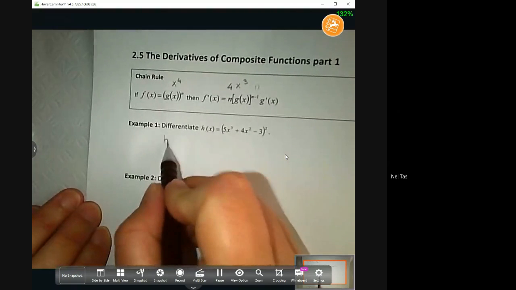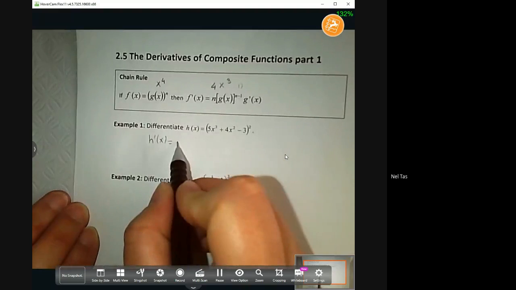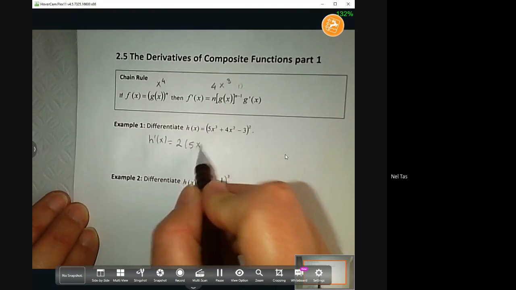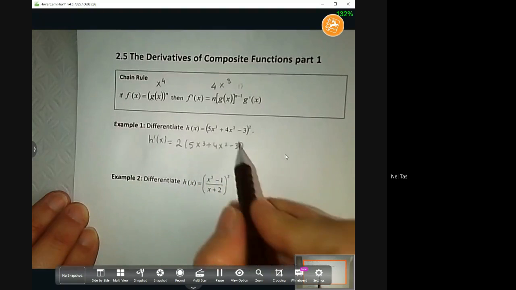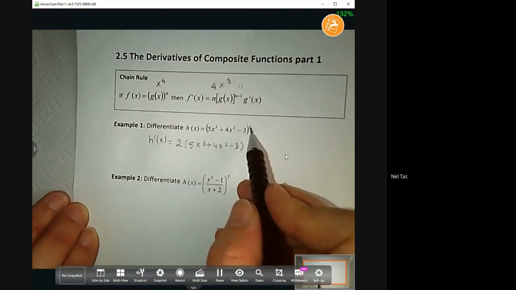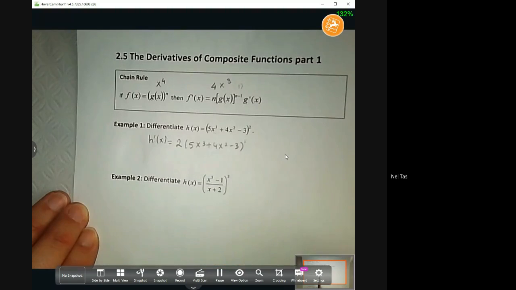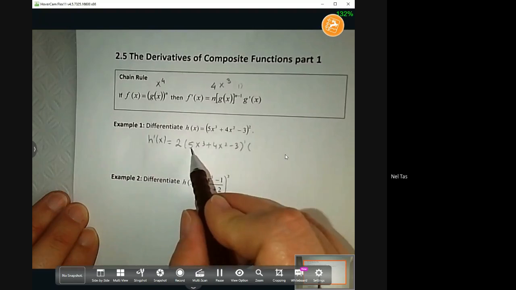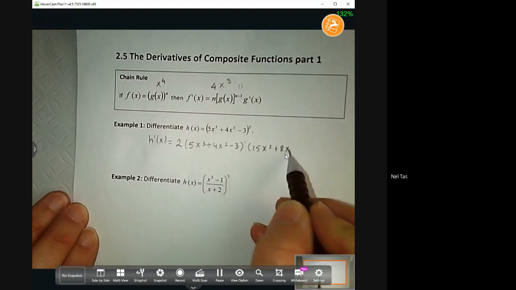So h prime: we take the exponent, drop it to the front, we keep this bracket as it is, and decrease the exponent by 1, so 2 minus 1 gives you 1. We multiply this by the derivative of the inside, so 15x squared plus 8x.